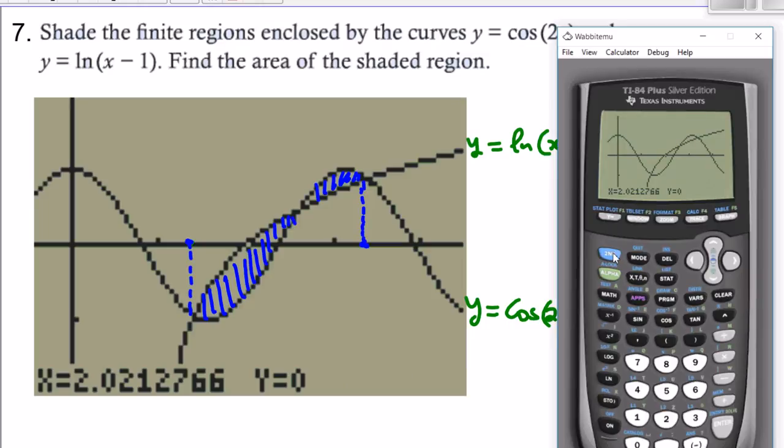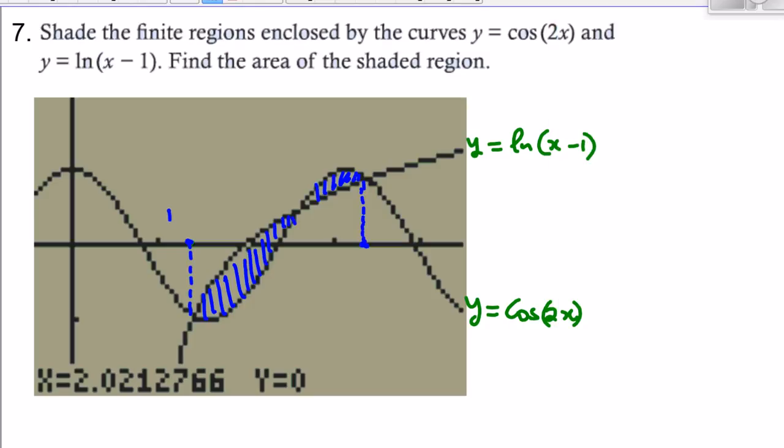So second, calc, intersect, you know the drill. First curve, second curve, that will be 1.39. So 1.39.